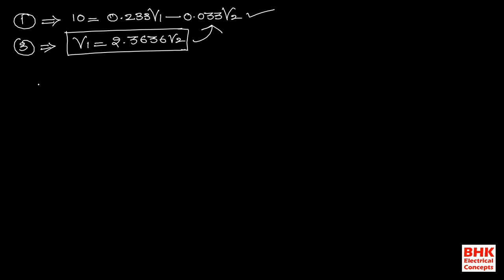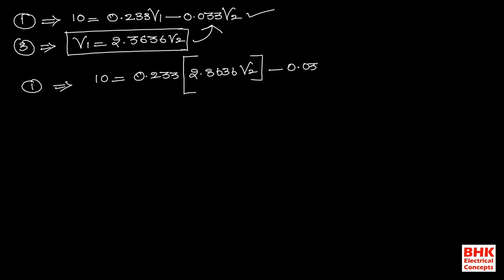Now substitute this value in equation number 1. From equation number 1, we can say that 10 is equal to 0.233 into, instead of V1, I am directly substituting 2.3636 into V2 minus 0.033 V2. Okay. Now like this we are substituting the value.